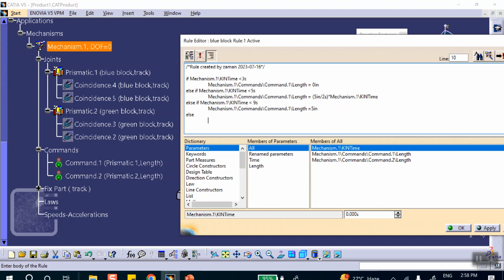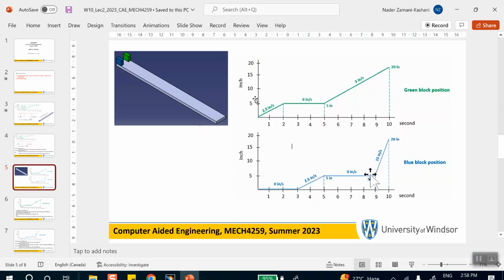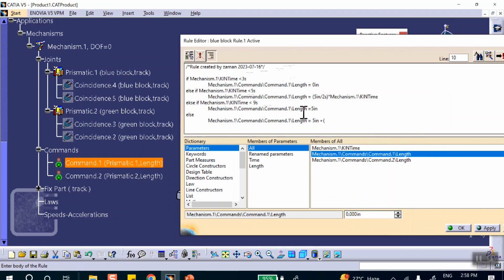Command 1 equal to 5 inches plus, what is this? Let's go back here. And I'm going to trust that this number is right. So I'll write down 15 inches over 1s. This is 5, this is 20. 15 inches over 1s.